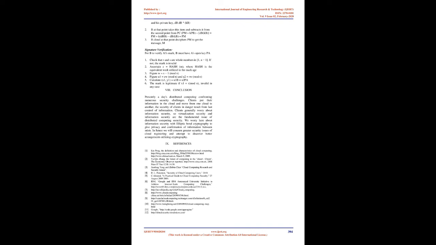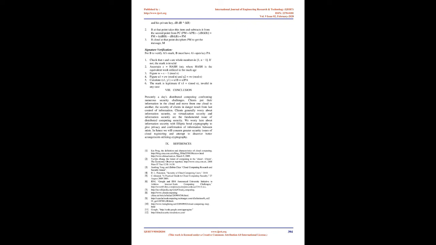Compute s equals k^-1 (e plus d r) mod n. If s equals 0, go to step 2. 5. The signature is the pair (r, s). 6. Send the signature (r, s) to B cloud.